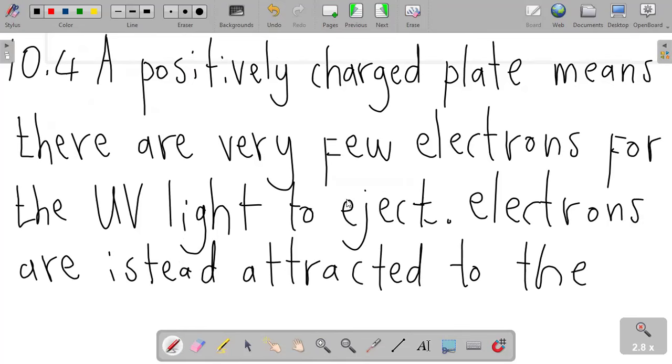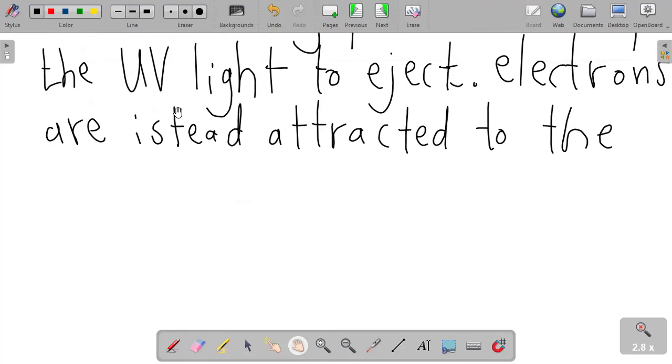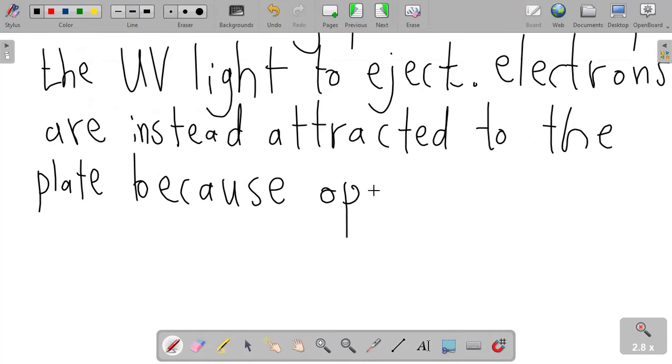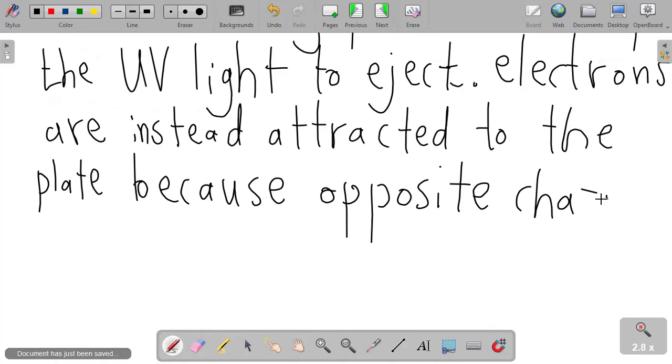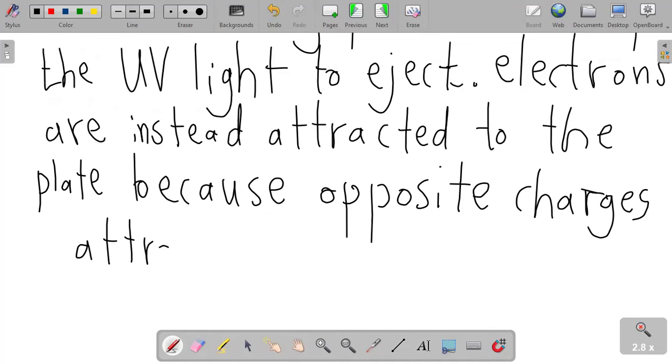If the plate is positive, electrons are attracted to it, because opposite charges attract.